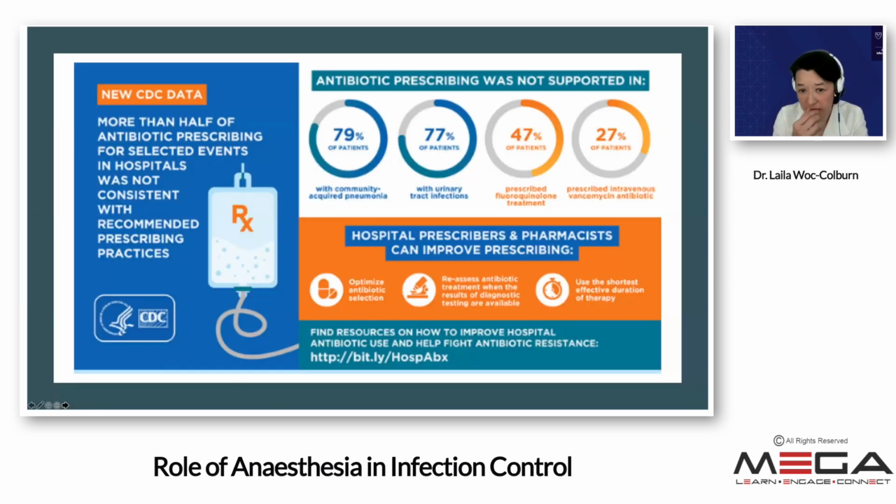And we want to do this because antibiotic prescribing was not supported in a lot of patients. So you also want to make sure that with your perioperative antibiotics, you're optimizing your antibiotic selection according to the antibiogram of your institution. If your institution has a higher amount of MRSA, maybe cefazolin is not the right perioperative antibiotic to use at that time, so maybe it is vancomycin.